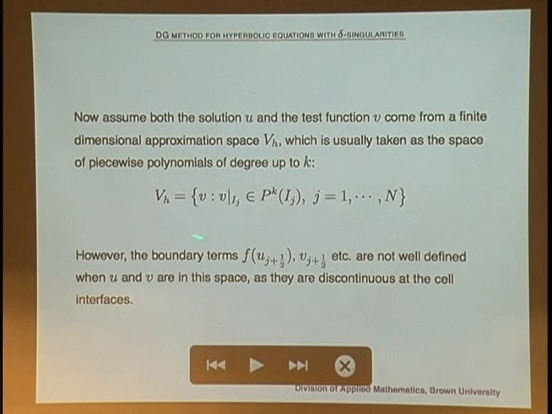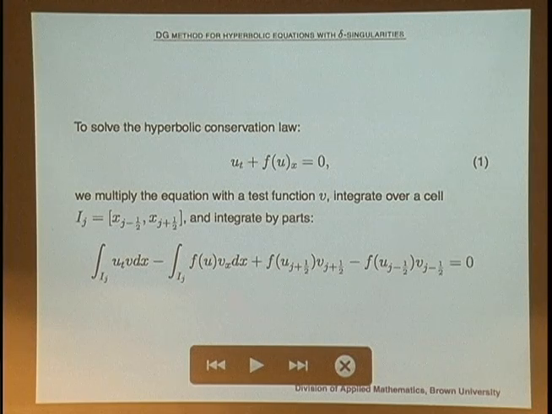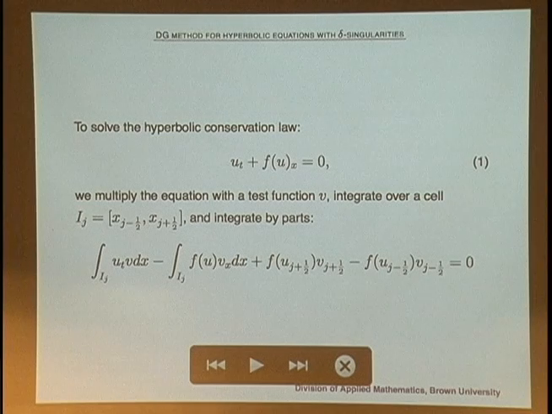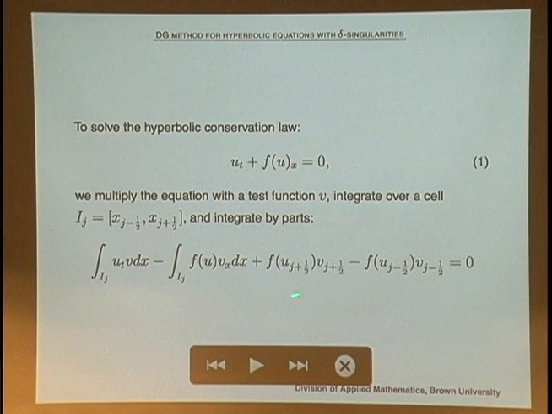If you consider u and the test function v to be in this space, then the previous equality has some problem, because these terms do not make unique sense: at j plus half, the functions u and v are both double valued. They have a left limit and a right limit. So you have to determine how you are going to treat these ambiguities, and that is where discontinuous Galerkin methods come into play. If you design the treatment of these things in the correct way, you end up with a good method.